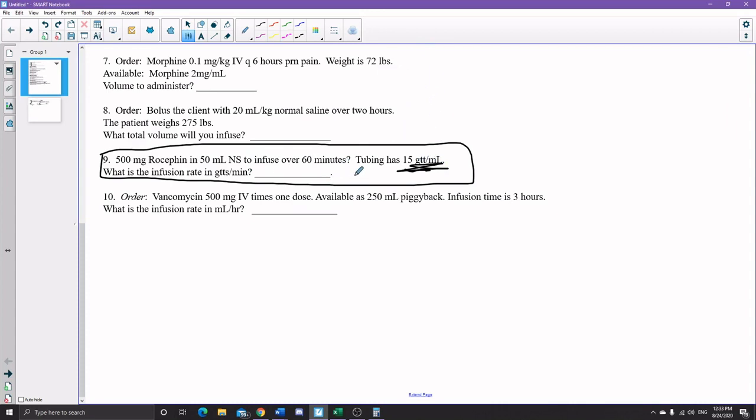And the way we do this is we need to convert from the milliliters to the minutes somehow. The way to do that is you kind of think about it.